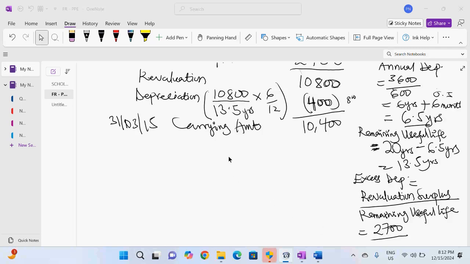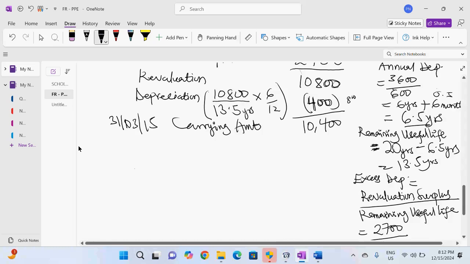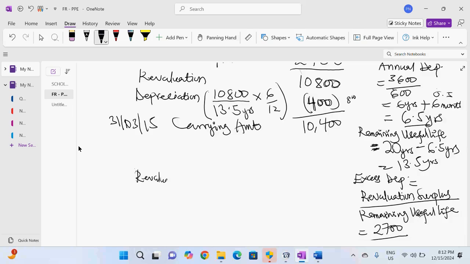So we are done answering the question. But note this amount, where would you deduct it? You would take it from the revaluation surplus and add it to the retained earnings.